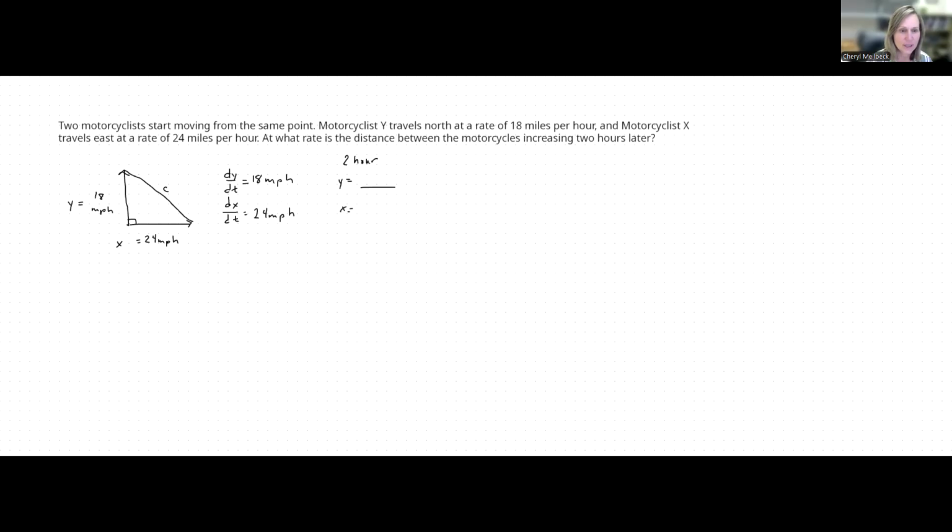And those will be your side lengths. These are really dx dt and this is dy dt. So you can find what those actual lengths for y and x are, and that will help you find c. And then you can use the relationship that you see there in order to solve the problem. I think that one's pretty straightforward. Let's see how the next one looks.